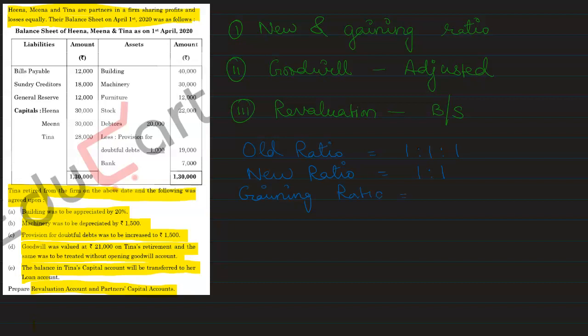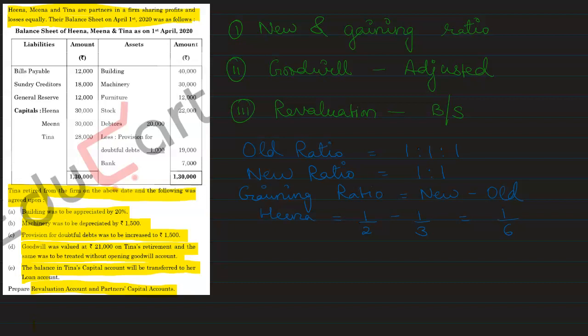Gaining ratio is new minus old. So for Hina, the new ratio is 1 by 2 and the old was 1 by 3. So how much has she gained? She has gained 1 by 6.